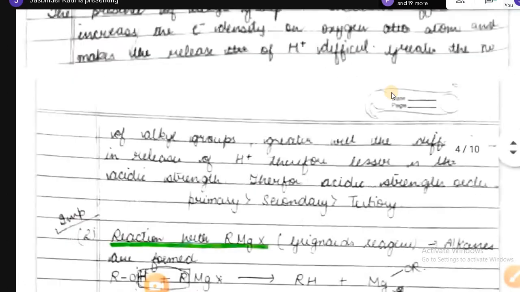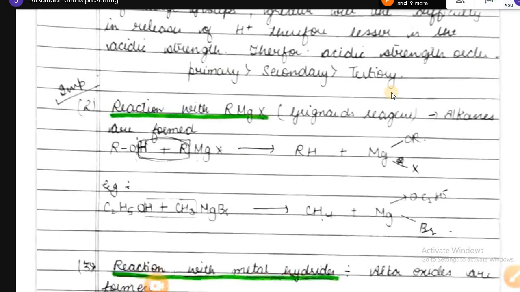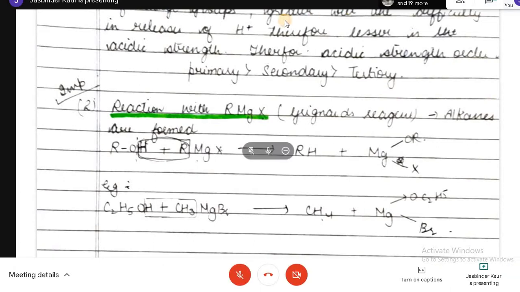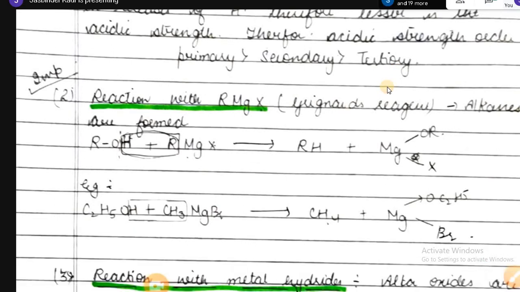And then second, in reactions in which only H is replaced, is the reaction with Grignard reagent RMgX. When Grignard reagent is treated with alcohol, H of the alcohol and R of the Grignard reagent form alkane RH, and OR is attached to magnesium, that is Mg(OR)X, alkoxide magnesium halide, and alkane is formed.